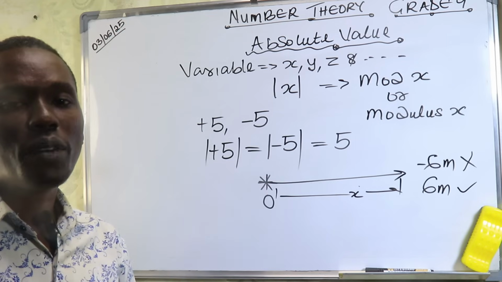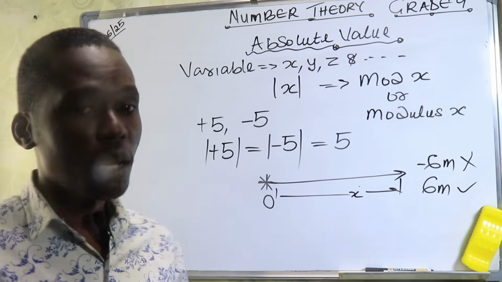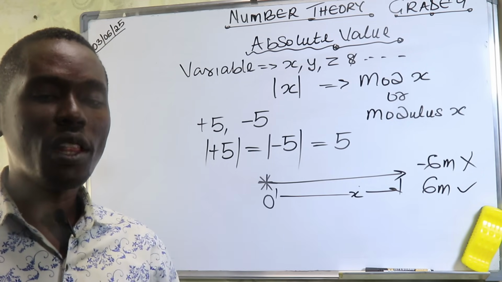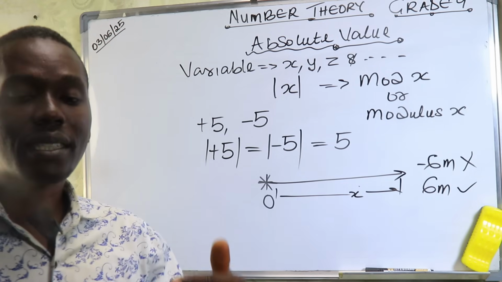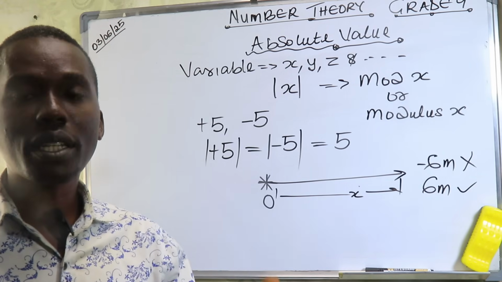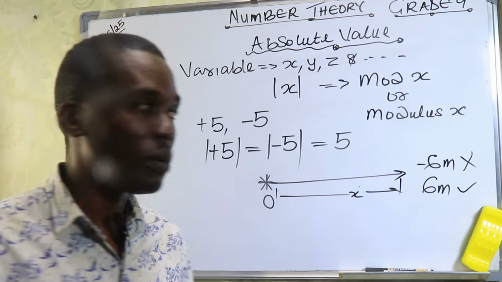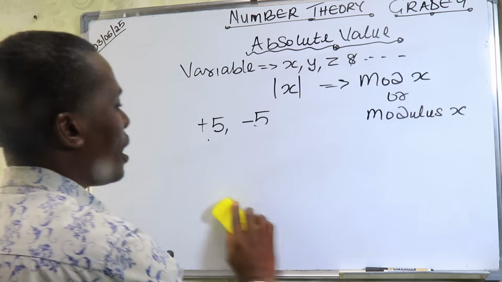Now, let's take home this definition finally for an absolute value. The absolute value of a number can be defined as its magnitude irrespective of the sign of the number. That's exactly what I want you to take from this lesson.